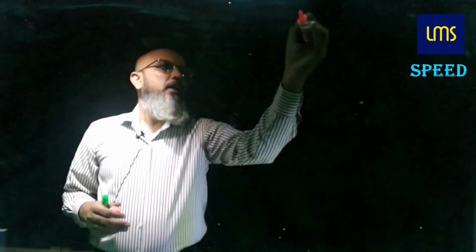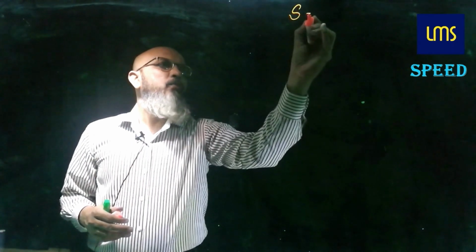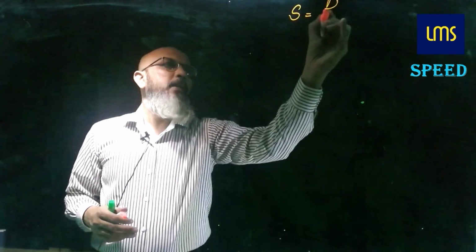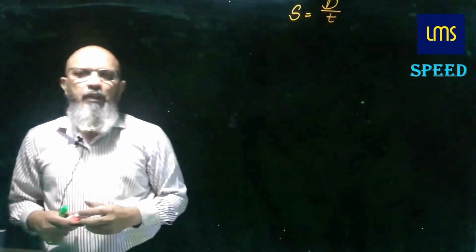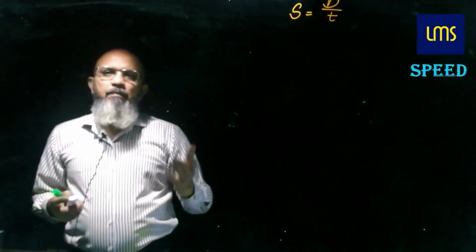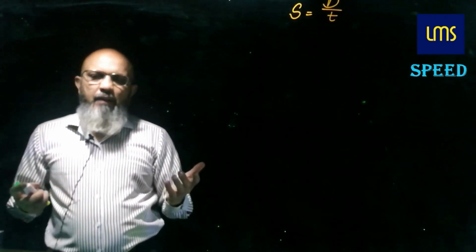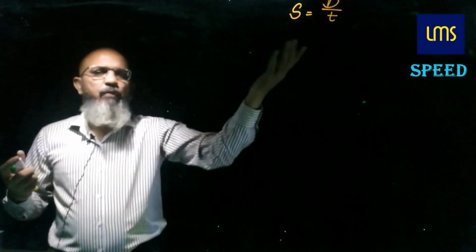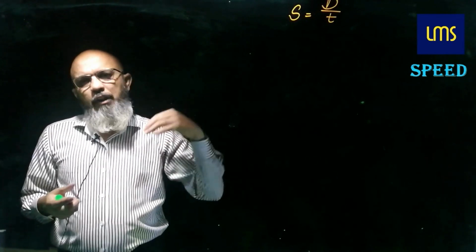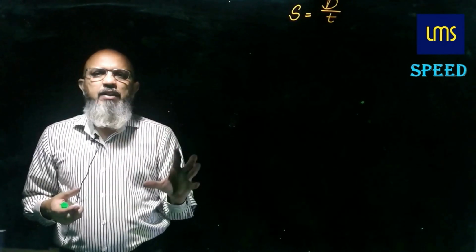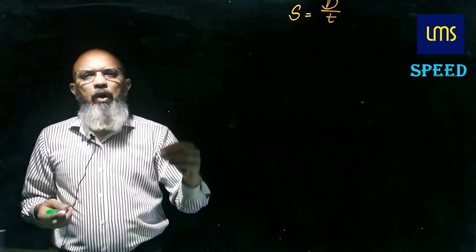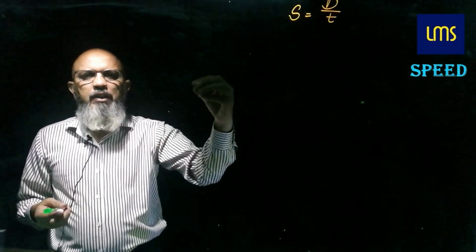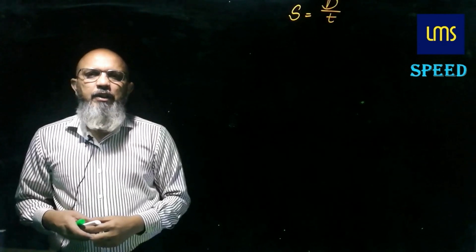You will divide distance by time, right? In average speed you will find average speed with the same formula, but in these questions different distances and different time durations are given to you. Simply you have to calculate the total distance divided by the total time.